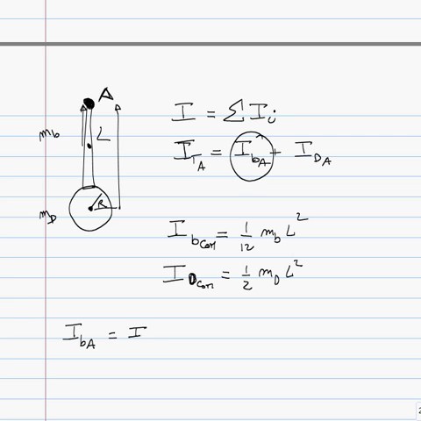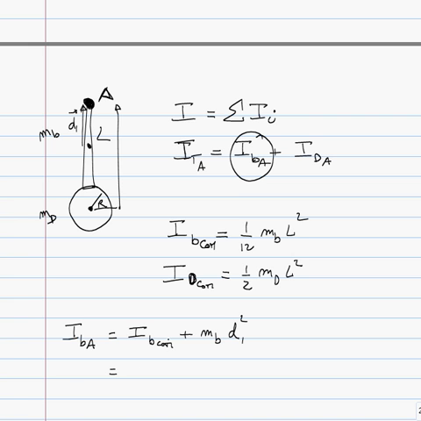So all I have to do is take the I of the bar about its center of mass and add the mass of the bar times the translation between the center of mass and the point A squared. In this case, I will call this D1.